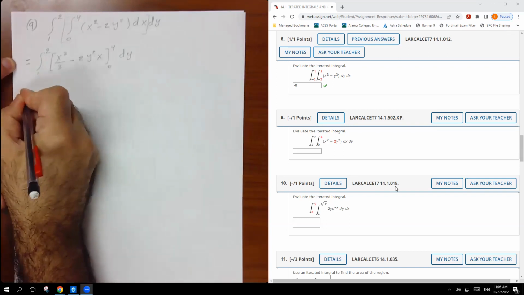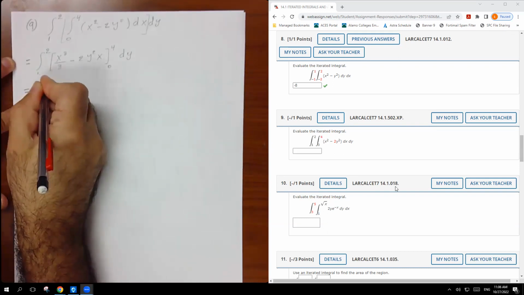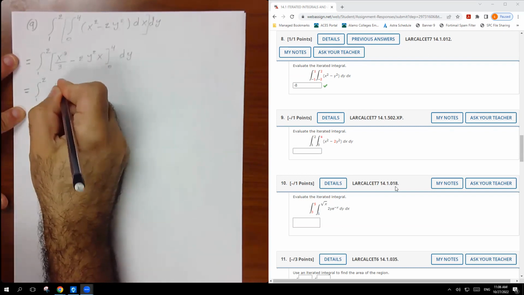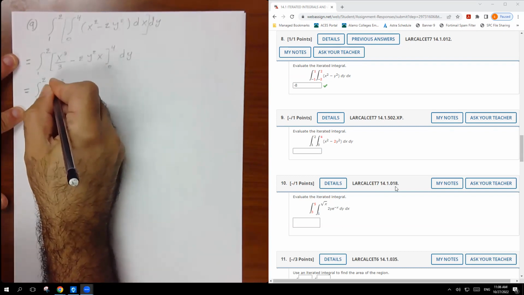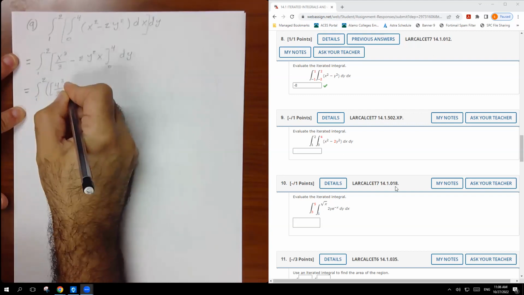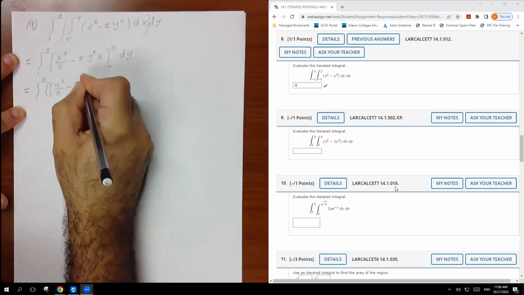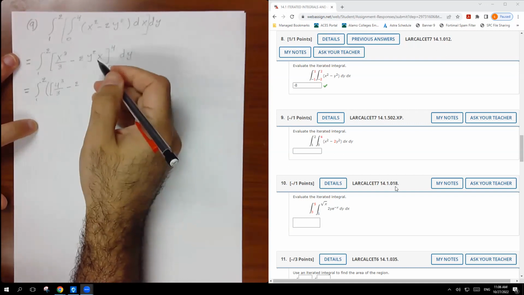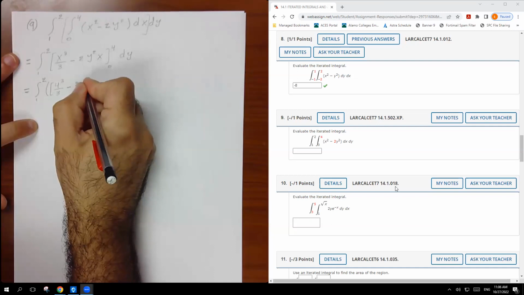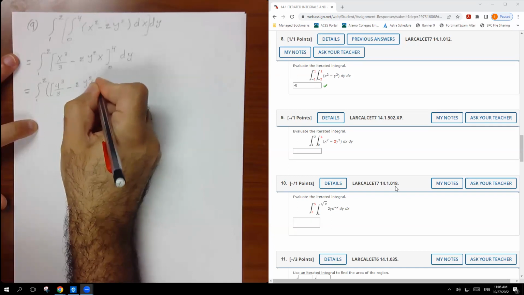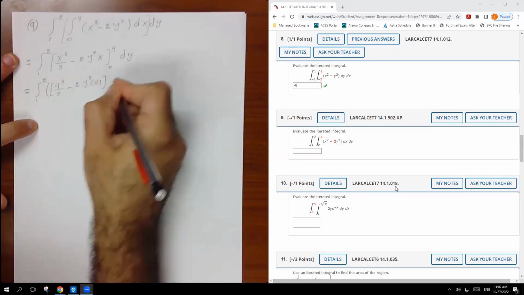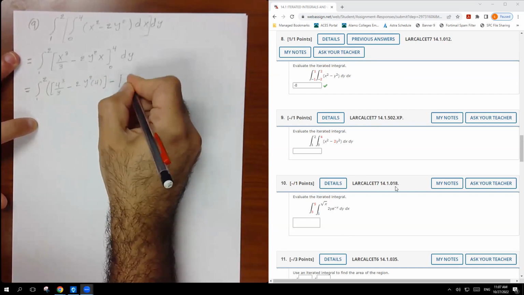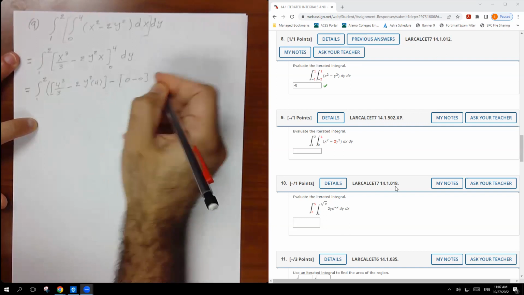So this one is going to be the integral from 1 to 2, plug in the 4. So it's going to be 4 cubed over 3 minus 2y squared times 4, minus, plug in the 0, which is 0 minus 0.